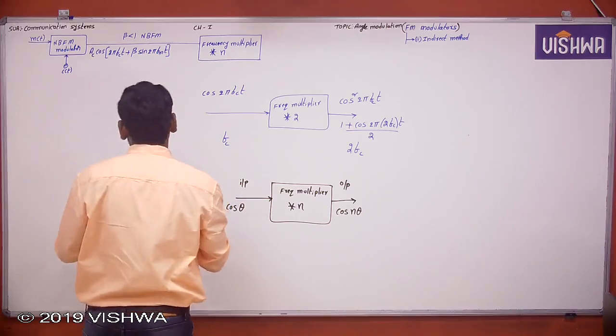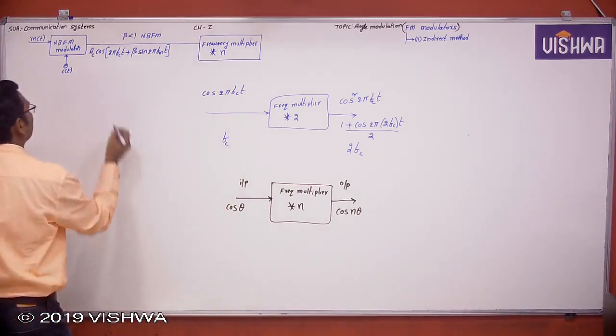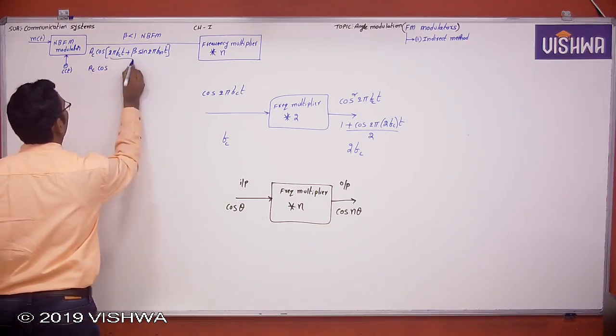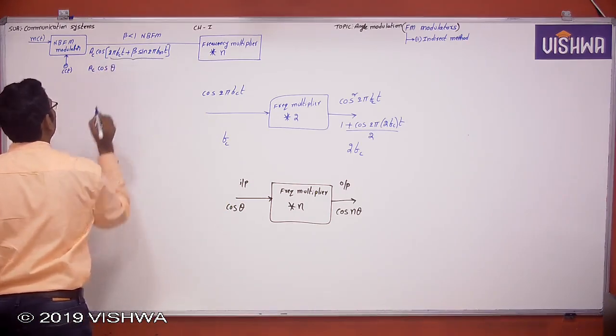Sir, how is it possible? Now see here, can I write like this? This is Ac cos, and this is the angle or argument, Ac cos theta.